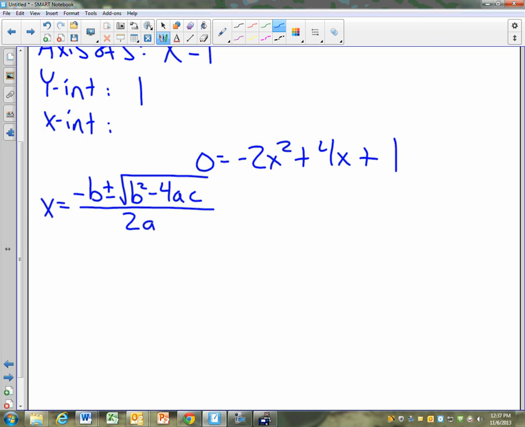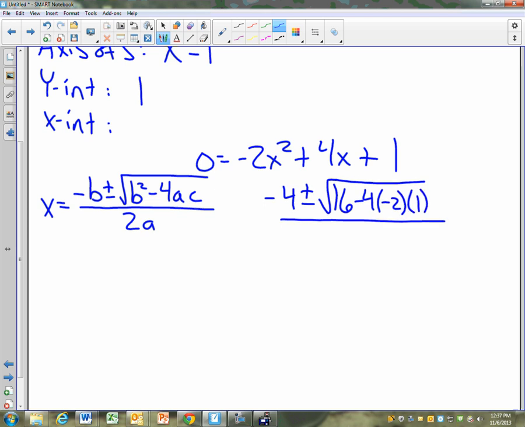So, what's -b? Plus or minus square root of, what's 4 squared? 16 minus 4 times a is -2 and c is 1. Divided by 2a will be -4.